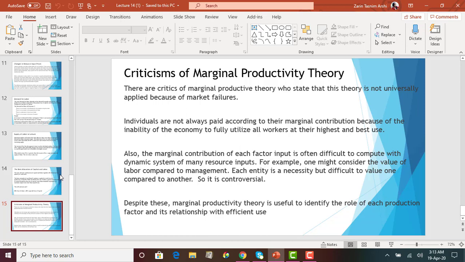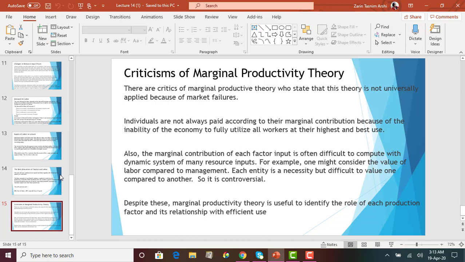Another thing is that the marginal contribution of each factor input is often difficult to compute. It's very difficult to compute the marginal productivity for one unit of capital or for one unit of labor. In an example, it's easy, but if it's a large firm with thousands of workers and thousands of outputs, it's very difficult to calculate and give a number.